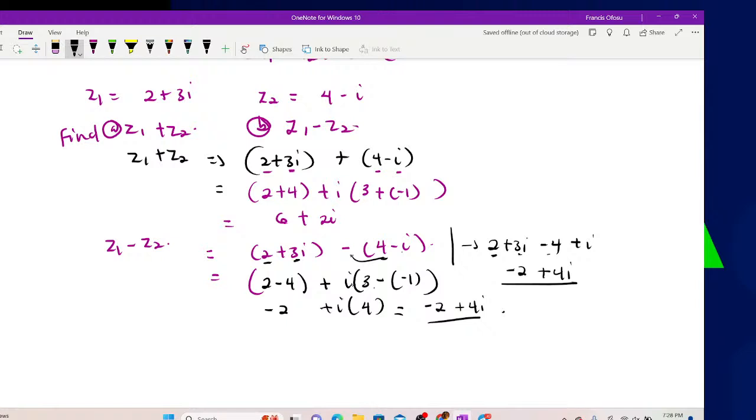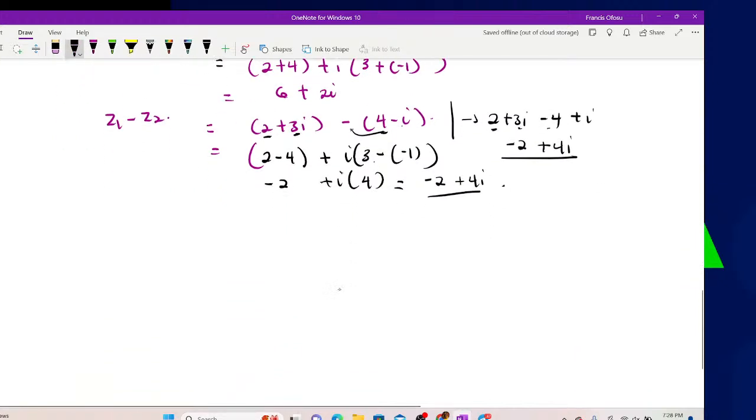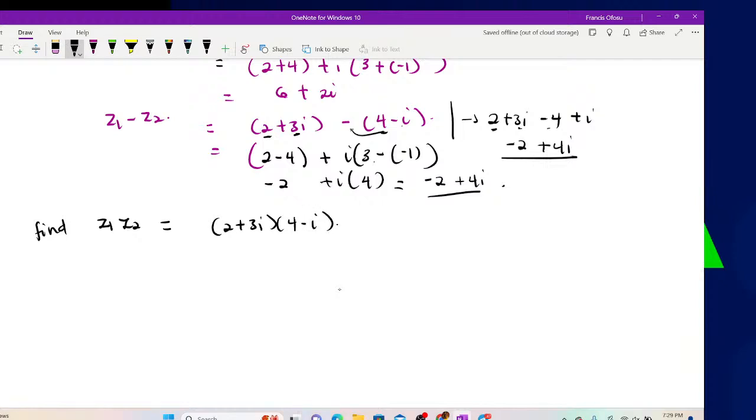As simple as that. Now, using the same values of z1 and z2, let's quickly find the product. So find z1 z2, that is z1 times z2. This is equal to 2 plus 3i multiplying 4 minus I, right? So this is simply going to give us the normal expansion.